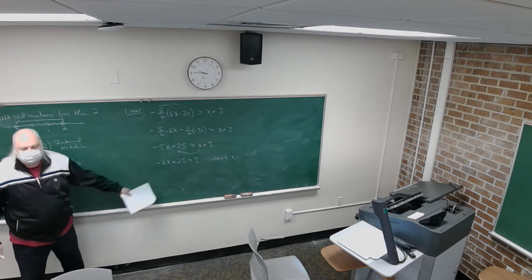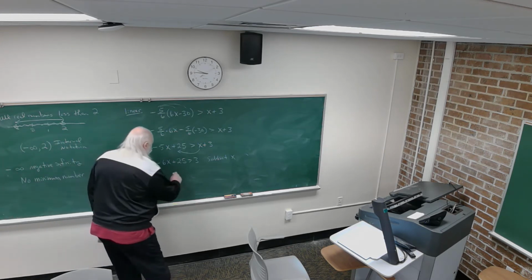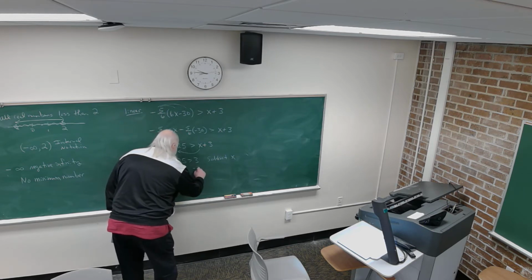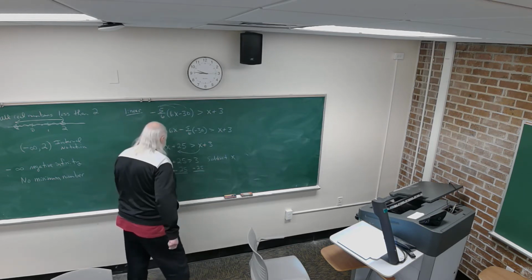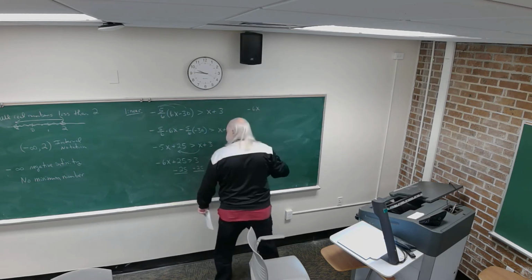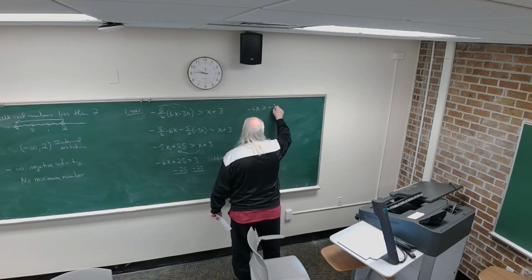And now you can see where this is going. Now we subtract 25 from both sides. And we have minus 6x, and 25 minus 25 is 0. So we have minus 6x is greater than 3 minus 25, which is negative 22.